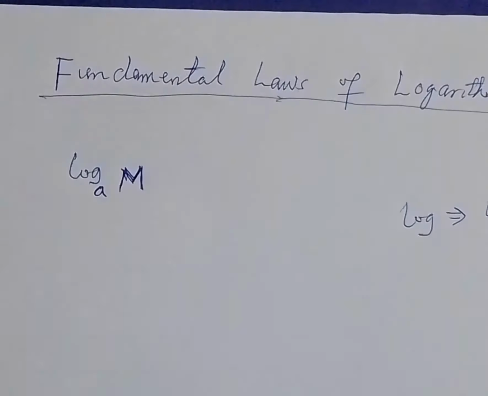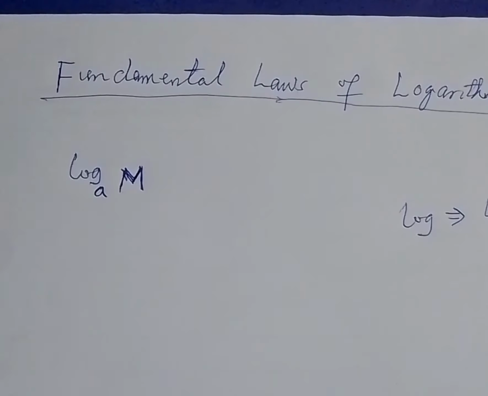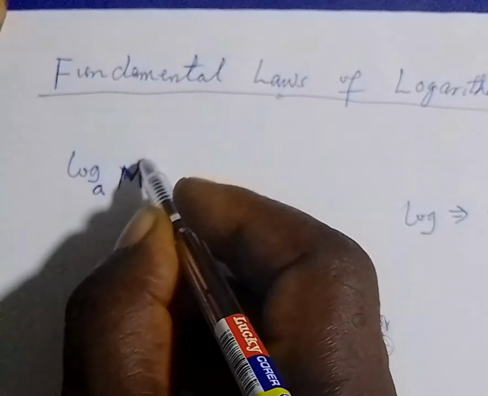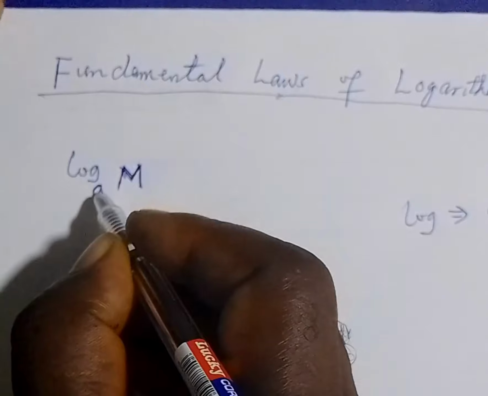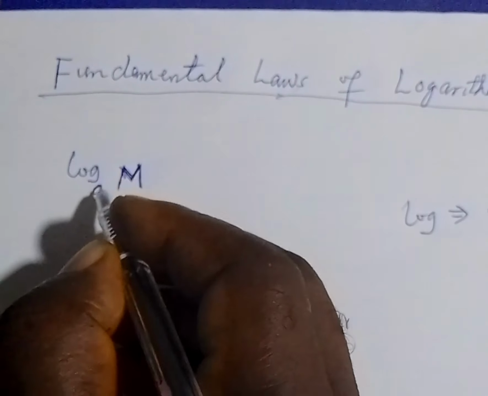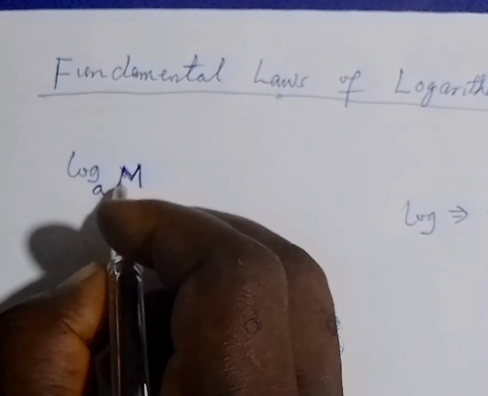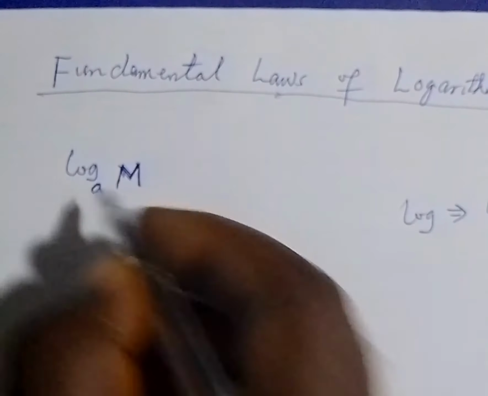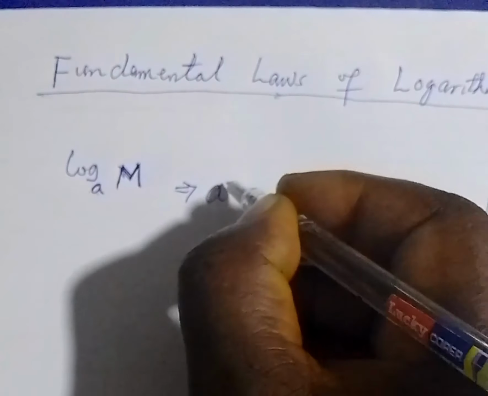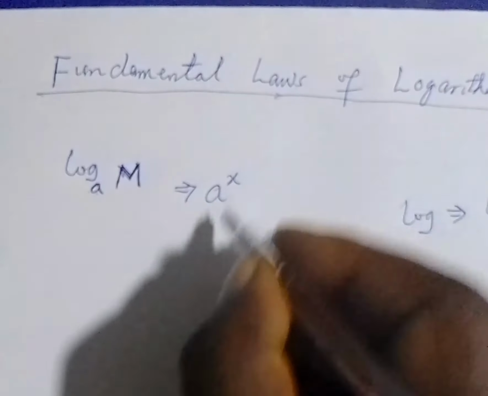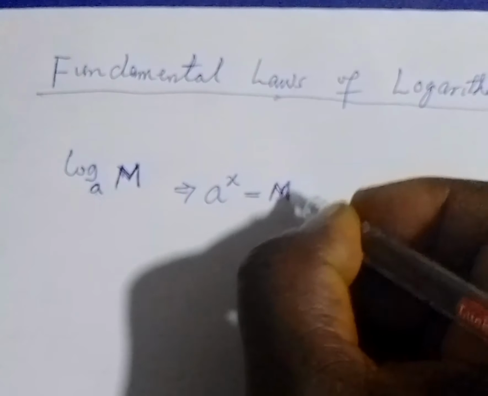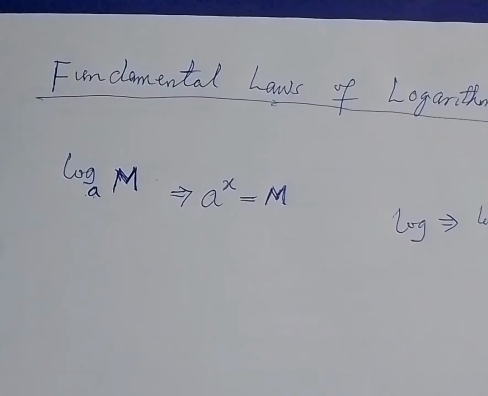Now, what logarithm says is that, by definition, to obtain the value of m, we must raise this a to a certain power. Let's say that power is x. So it means that if I raise a to a certain power x, I must get m. So that is what it means.